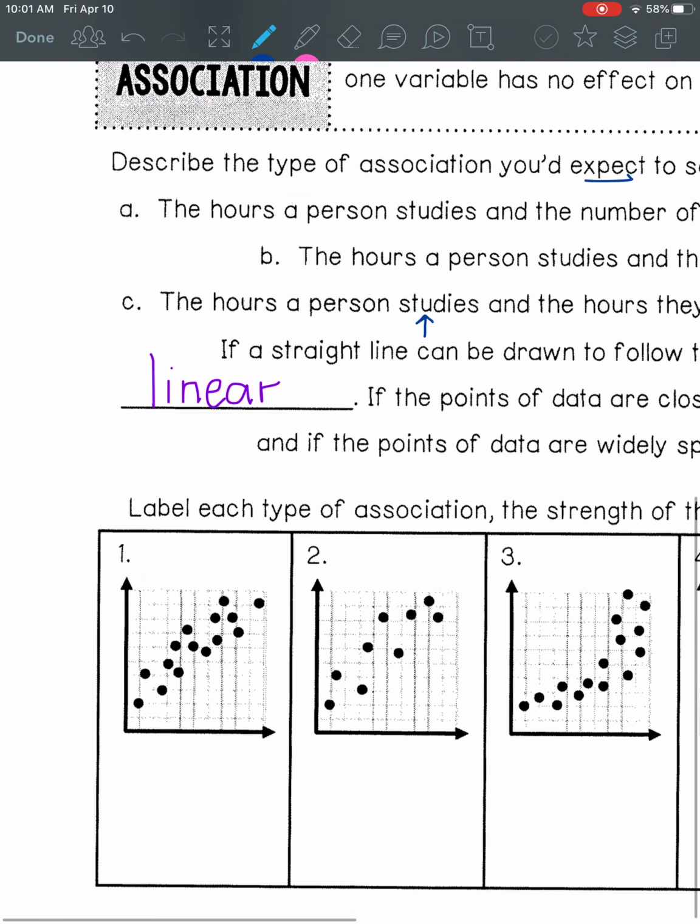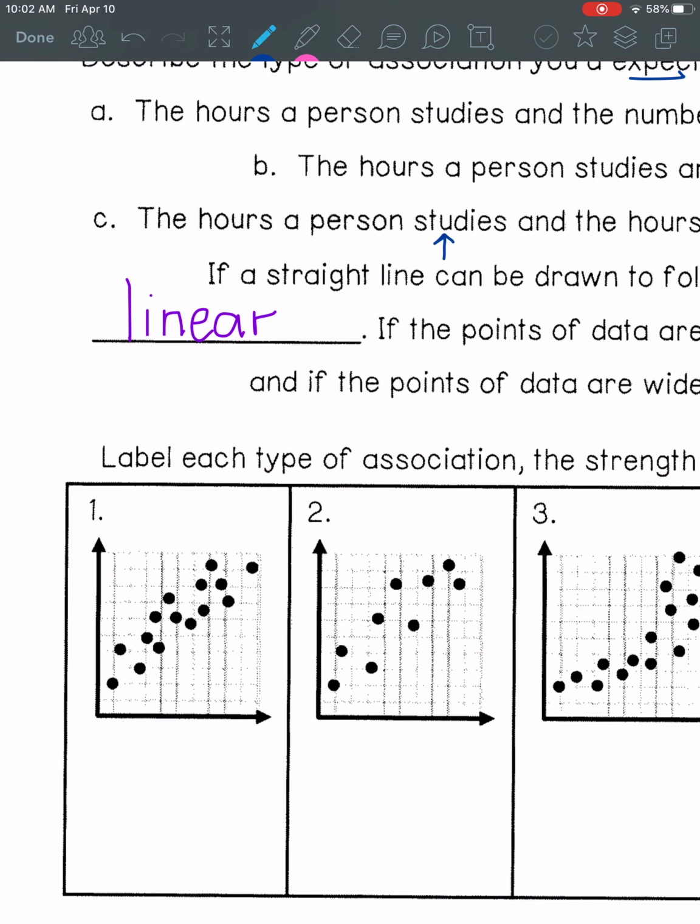Okay, for this first one, is it going uphill, is it going downhill, or is there no pattern at all? Similar to what we looked at in that positive association, it is going uphill in our slope. So we have positive.